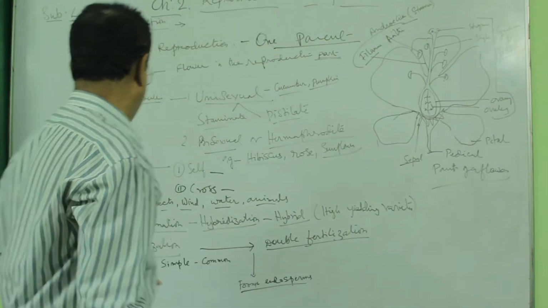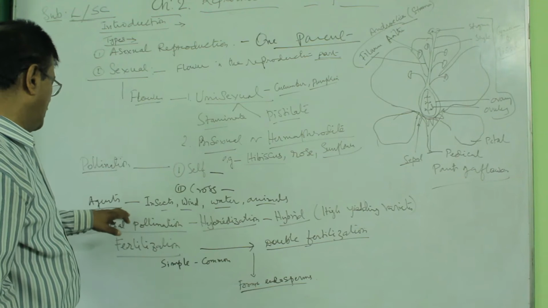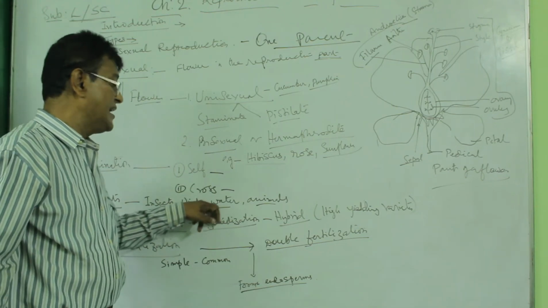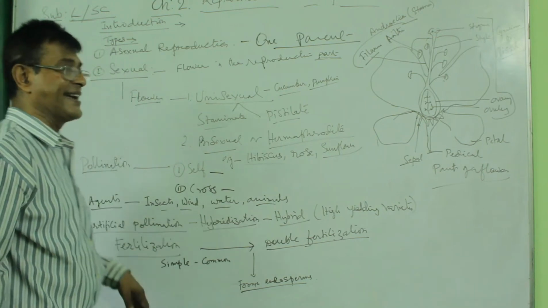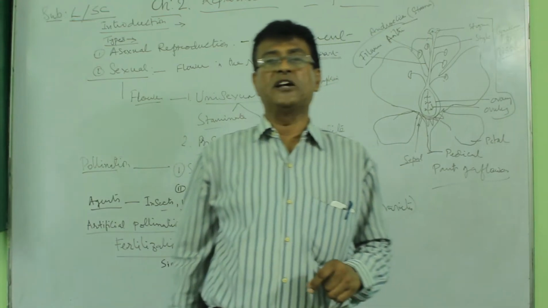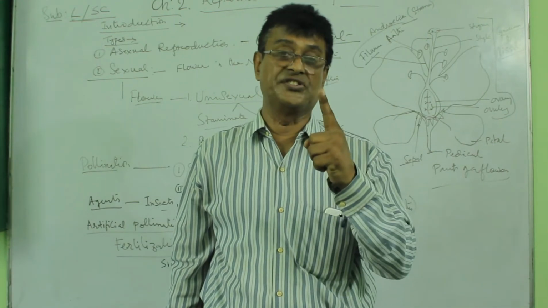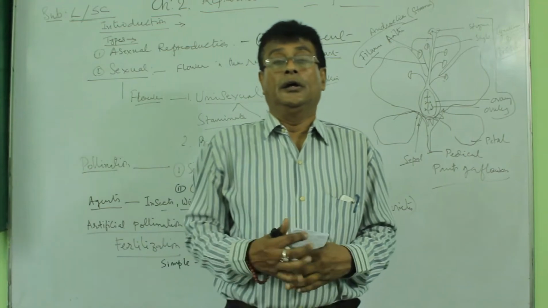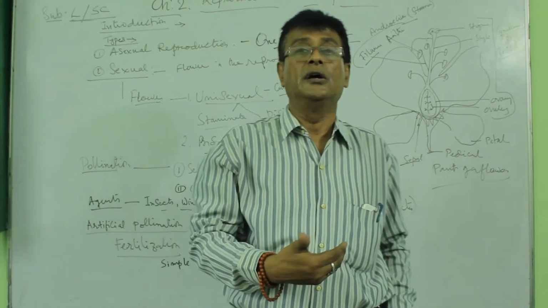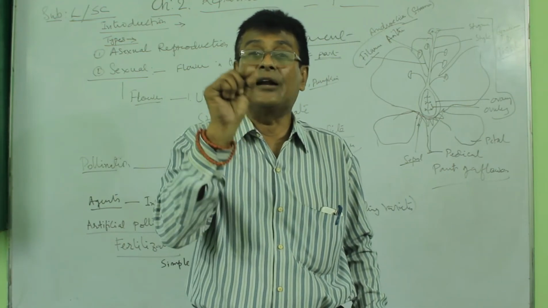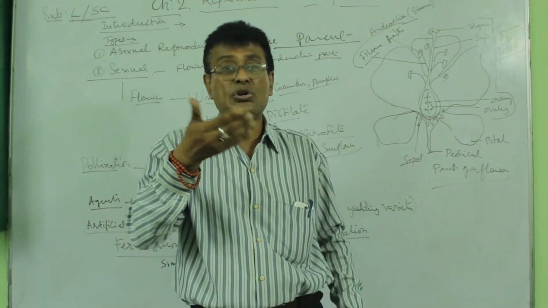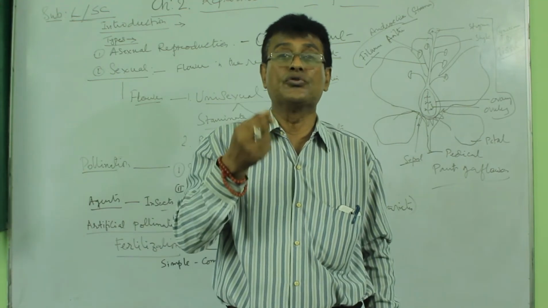The agents of pollination are insects, wind, water, and animals. Insects visit because of the very brightly colored petals. They are attracted for another reason too: at the base of the petals, above the thalamus, there is a gland known as the nectary. In the nectaries there is a sweet juice known as nectar.